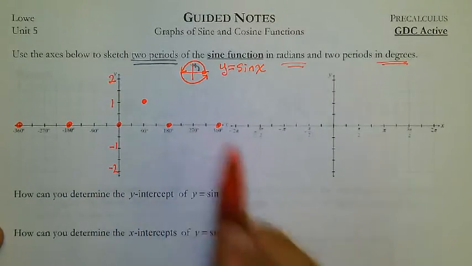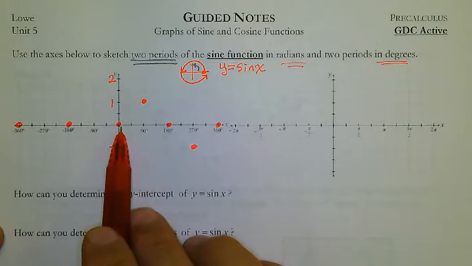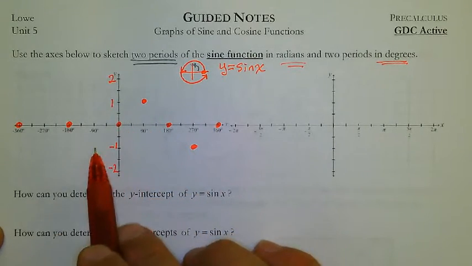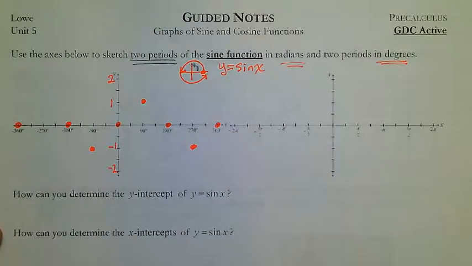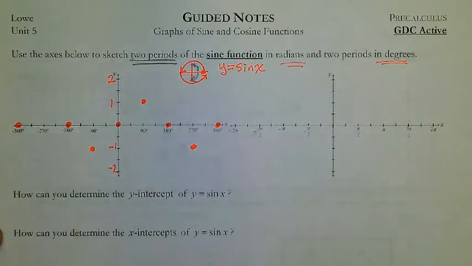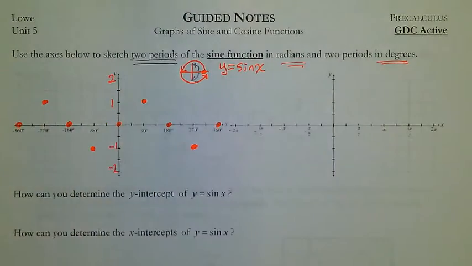If I was at 270 degrees, I'd be at a minimum, at negative 1. The same thing if I went backwards. At negative 90 degrees, I'd be at negative 1, and at negative 270 degrees, I'd be at positive 1.